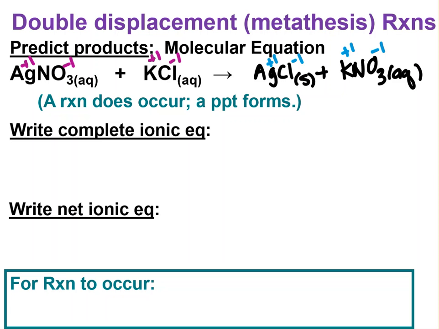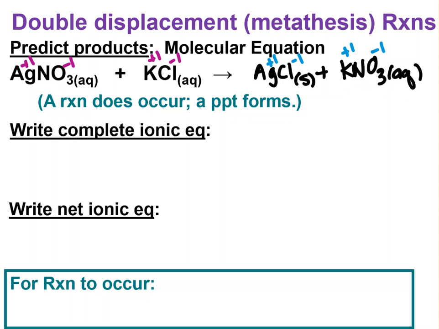Okay, this type of chemical equation is called molecular. The reason that it's called molecular is because I'm writing these compounds as though those ions are actually stuck together. But we know an ionic compound that is dissolved in water will actually be ionized. In other words, the two ions will actually be floating around separate from each other.